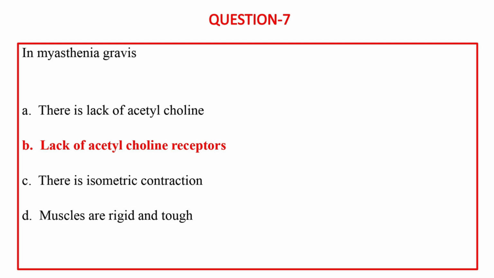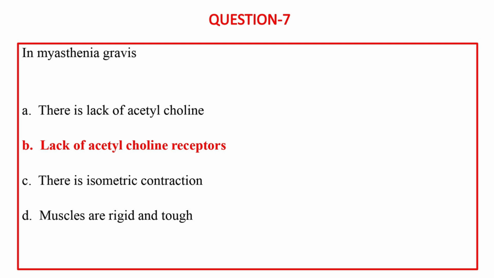The amount of acetylcholine released is actually normal, but the acetylcholine receptors are destroyed because of the antibodies the body possesses against them. In some severe cases, there is also paralysis of muscles. So the answer to this question is lack of acetylcholine receptors, that is option B.